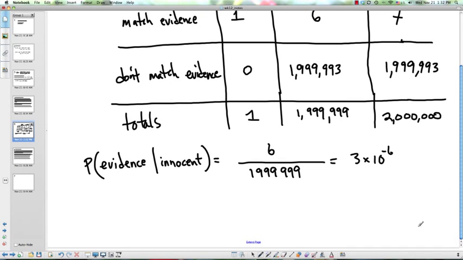That's scientific notation, of course, and that means I'm going to move the decimal 6 places to the left, which means I need to put 5 zeros. 1, 2, 3, 4, 5 zeros, and a 3. Right? And then if you were to write that decimal number as a percent, you could move the decimal over 2 and say 3 zeros and then a 3%.